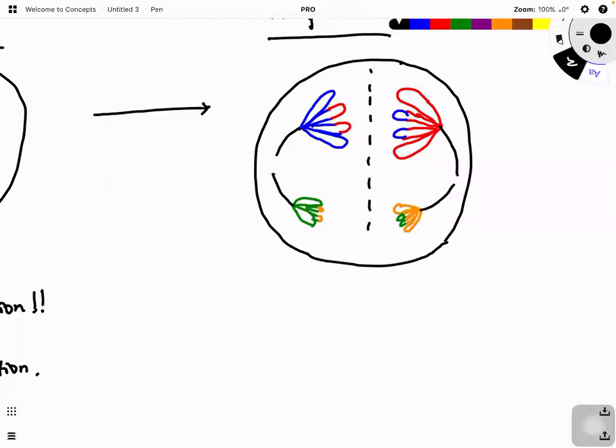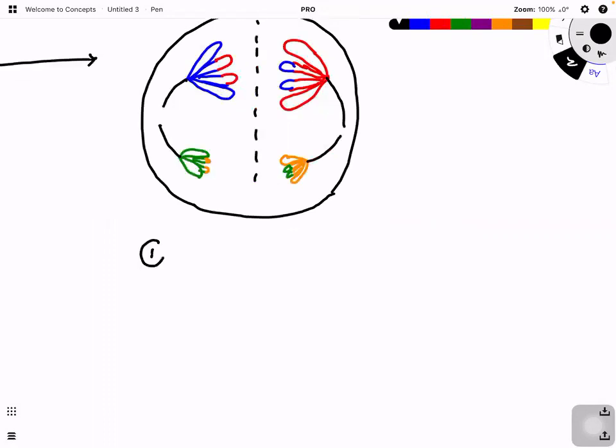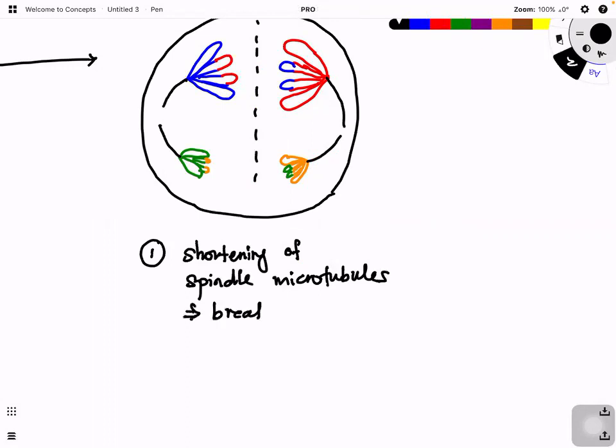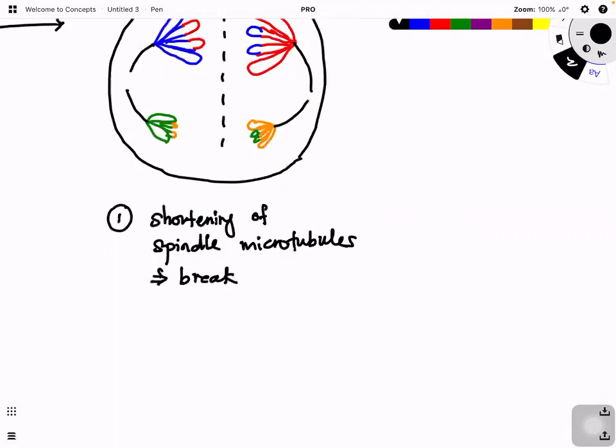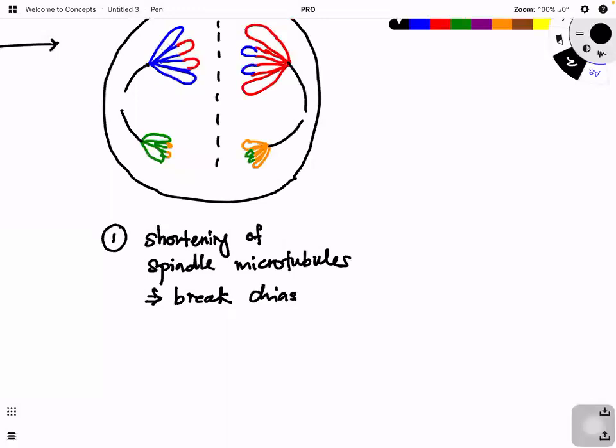Okay, so what is the event that takes place? Now be careful. First, we have the shortening of spindle microtubules. When the shortening of spindle microtubules takes place, you're going to break, and the correct term we use here is to break the chiasmata. Break the chiasmata.